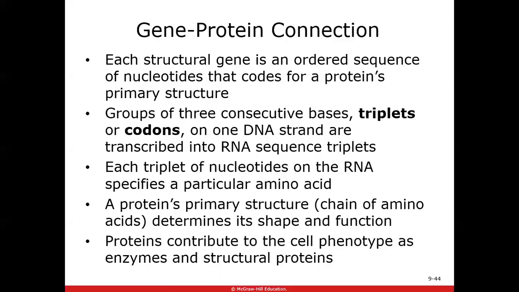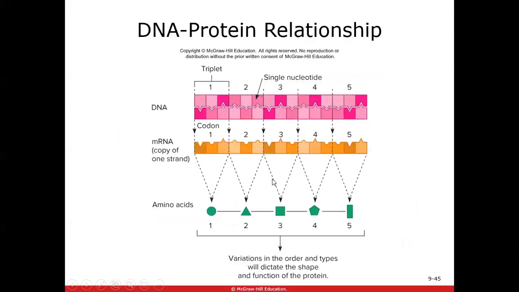Proteins contribute to cell phenotype. Phenotype is how something looks. It has enzymes and structural proteins. What this is saying is that, let's say the nucleotides are adenine, guanine, cytosine, thymine. And so when you have adenine, guanine, cytosine, thymine, guanine, cytosine, it can just go along, but it's split up in threes.